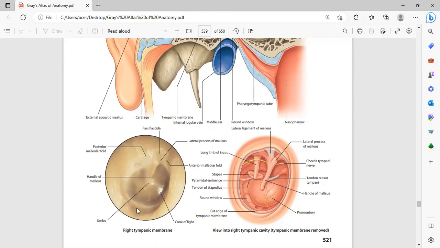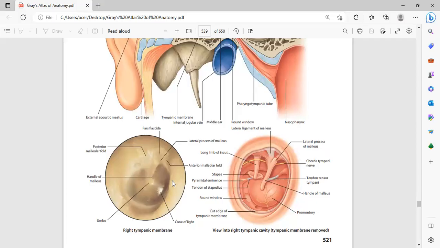It is supplied by the deep auricular artery, which also supplies the external auditory meatus, a branch from the maxillary artery. It's also supplied by the posterior auricular artery, which also supplies the external auditory meatus.